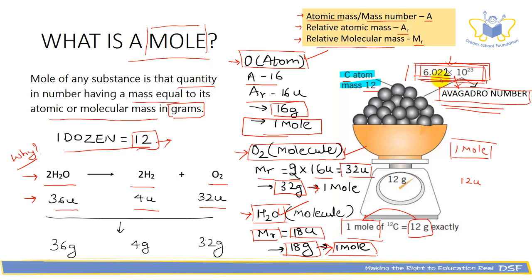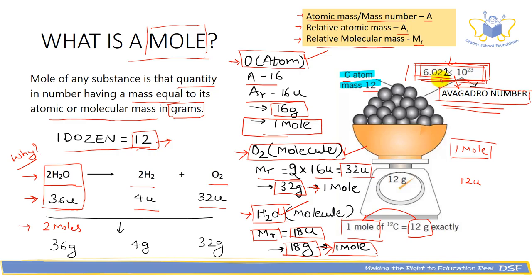If I need to do this experiment in my lab, I can't literally weigh it in unified mass, or U, because it is too small to even measure. So it's easier if I consider it as moles. So I would consider it as 2 moles of water, giving 2 moles of hydrogen and 1 mole of oxygen.